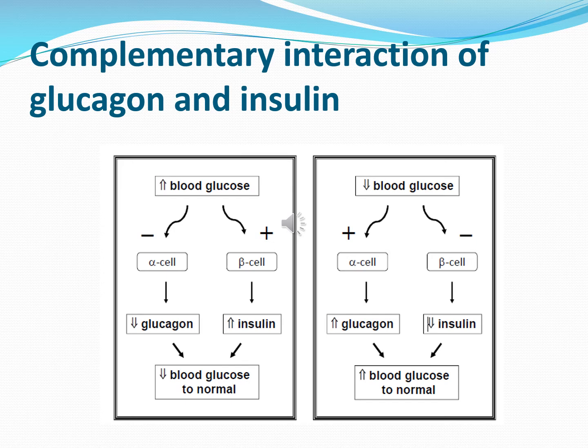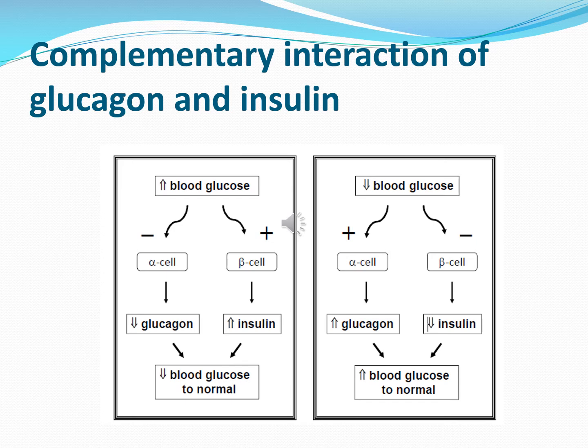And so the last couple of slides may have been a little overwhelming maybe, but what I want you to remember, if you don't remember anything else, really remember this slide. It's the complementary interaction of glucagon and insulin. Increased blood glucose, you're going to switch off your alpha cells, so you're going to switch off glucagon, and you're going to switch on your beta cells, your insulin.